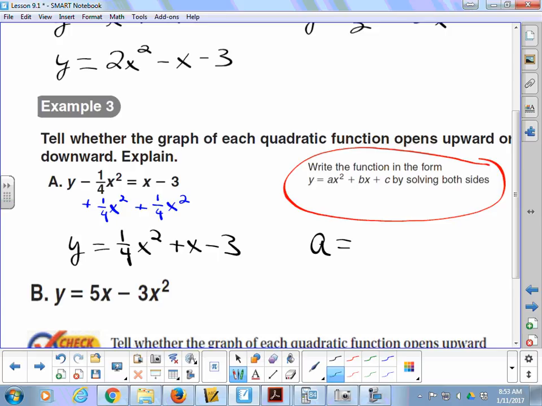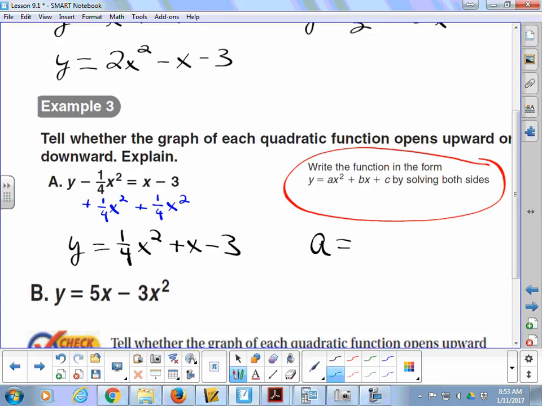Whitney, what's the value of a here? Do you know? No? Okay.